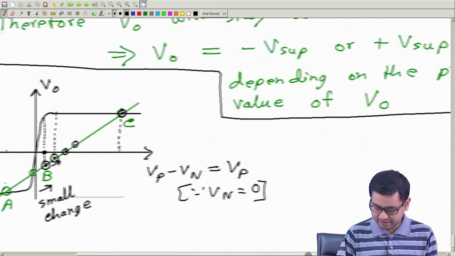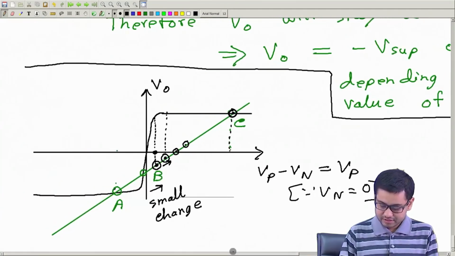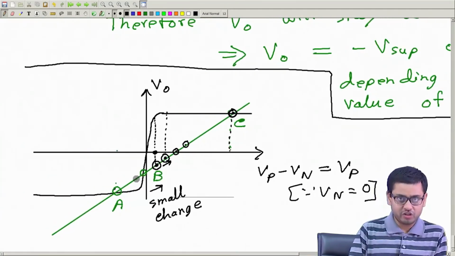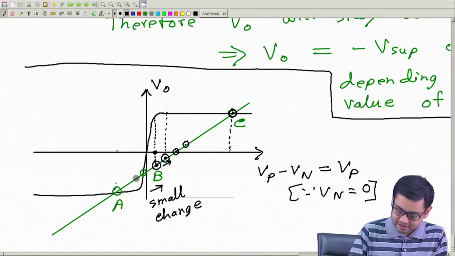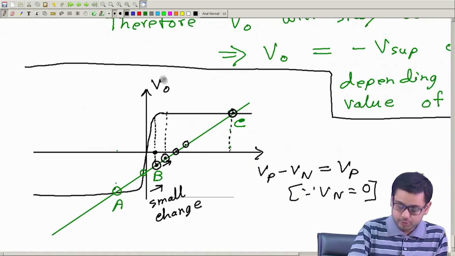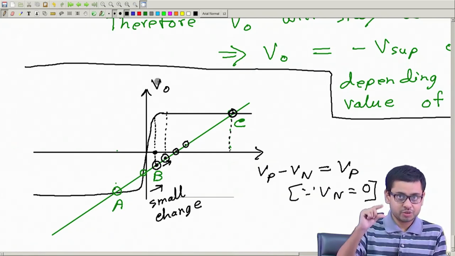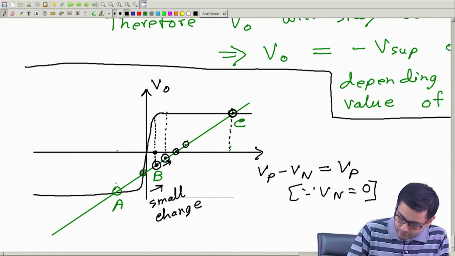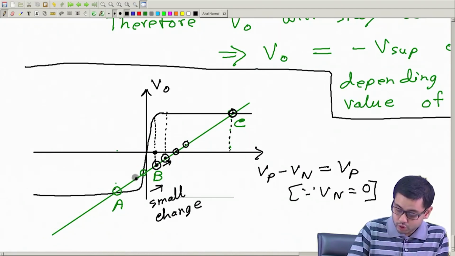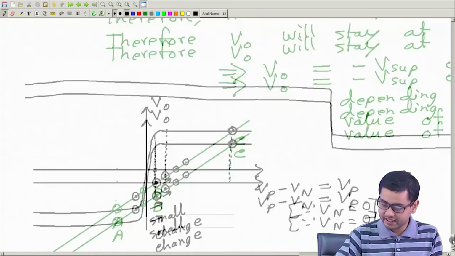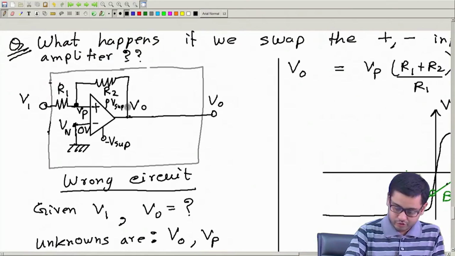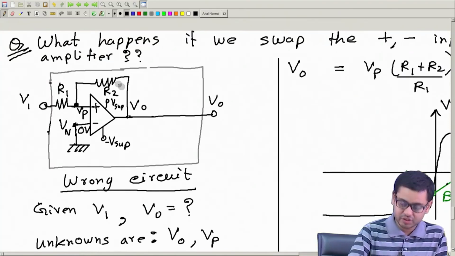Similarly, if I have a small change in the opposite direction, say output is reduced by a small amount, then from this point I come here. I am not allowed to leave this green line. I must always stay on this green line, because that is the relationship which I obtain from the potential divider rule here.